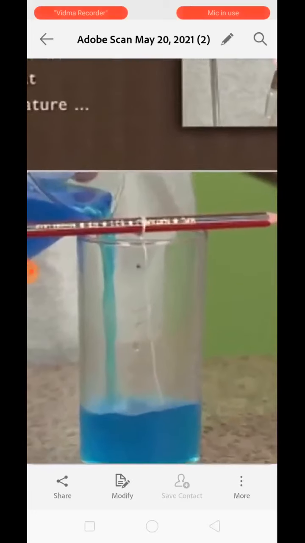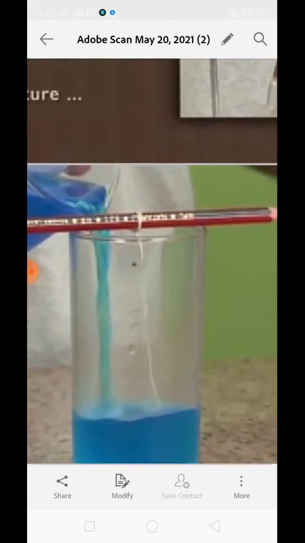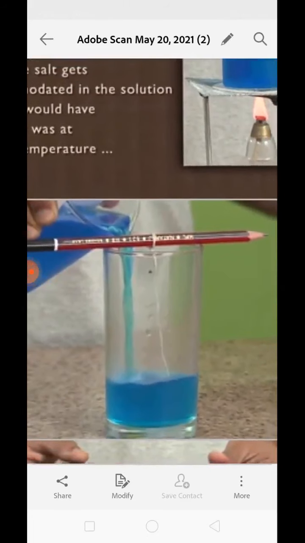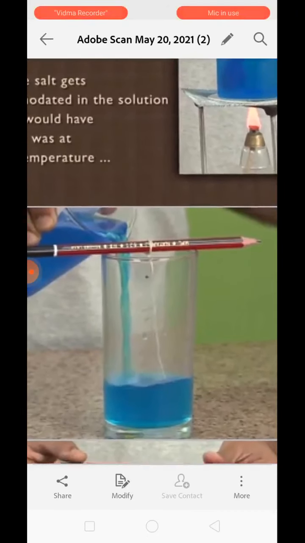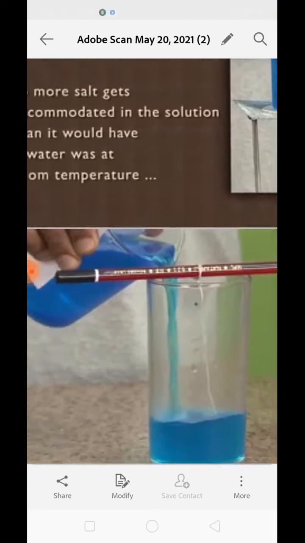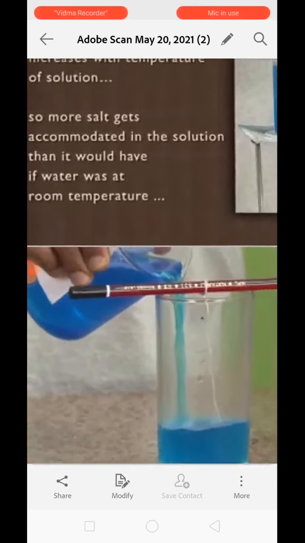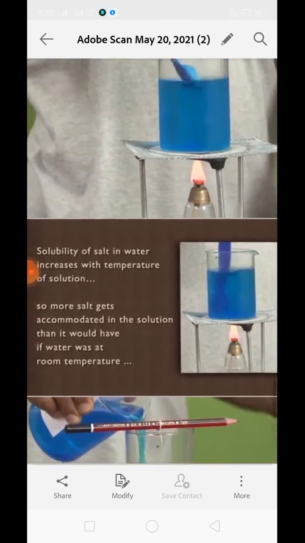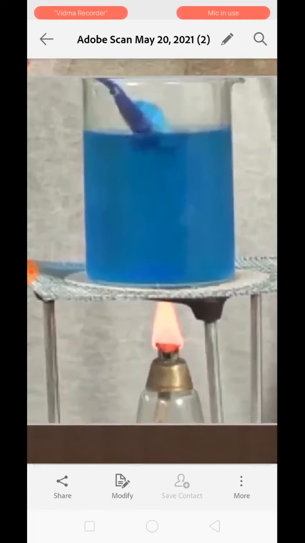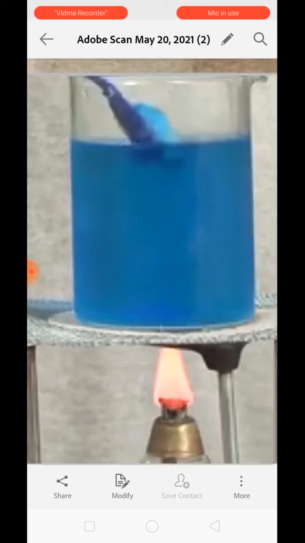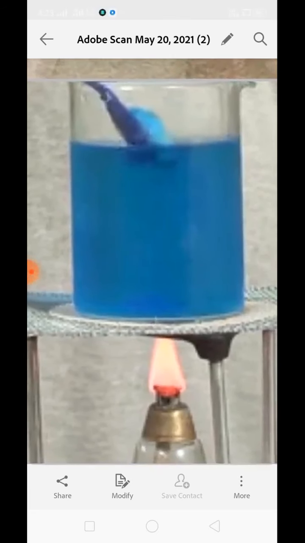We will take another beaker or a glass. We will take anything as a stand. Over here we have taken a pencil with a thread. The thread is needed so that crystals can get attached to it. Okay, so this setup will be like this, and then we will add the filtered copper sulfate supersaturated solution. Supersaturated means that in a saturated solution we have kept on adding more and more copper sulfate to dissolve it, and now the solution has become supersaturated.